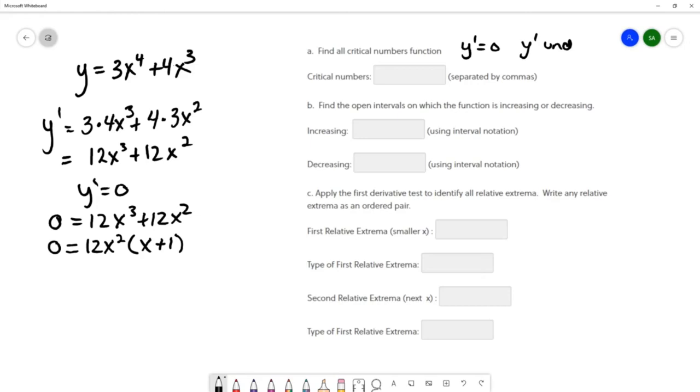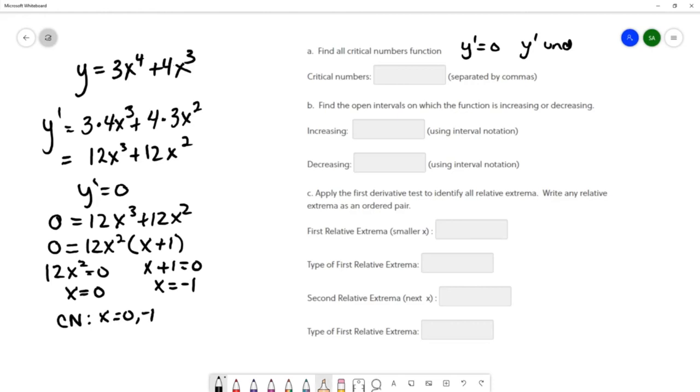We can set each one of these factors equal to 0, and we get x equals -1 and x equals 0 as critical numbers. We have critical numbers of x equals 0 and -1.